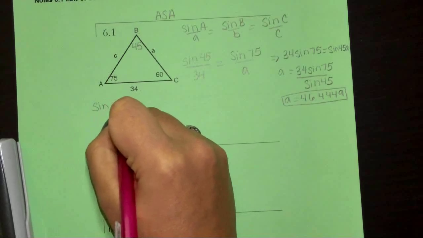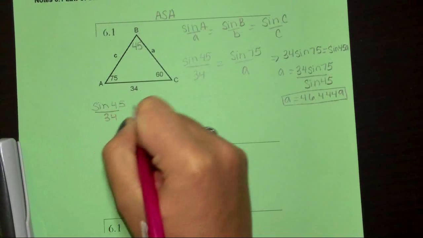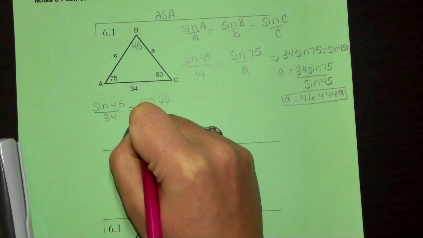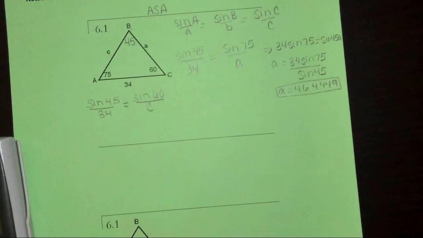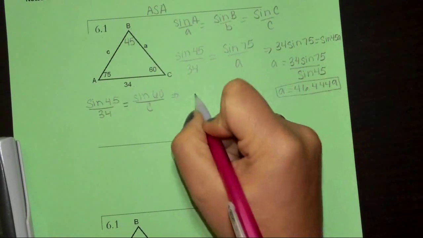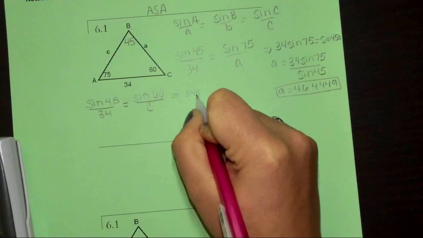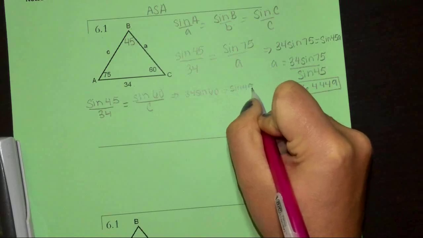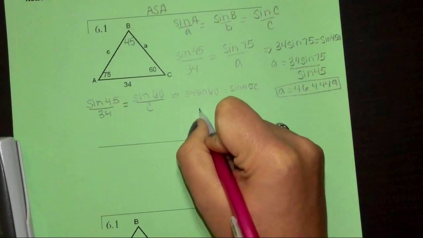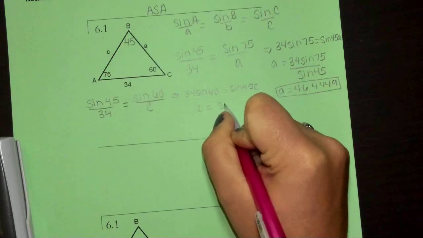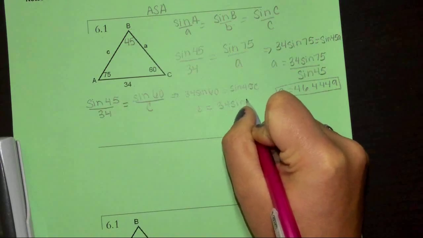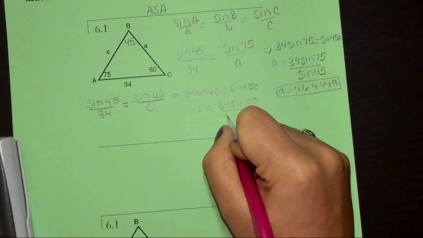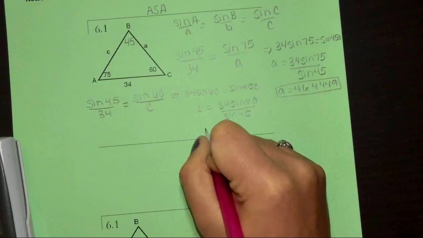So sine of 45 over 34 is going to be equal to the sine of 60 over C. So I'm cross multiplying 34 sine of 60 equals the sine of 45 C. So C is equal to 34 sine of 60 over the sine of 45.